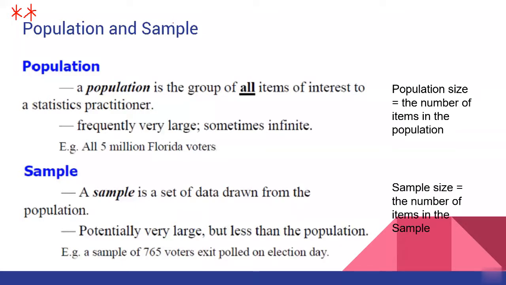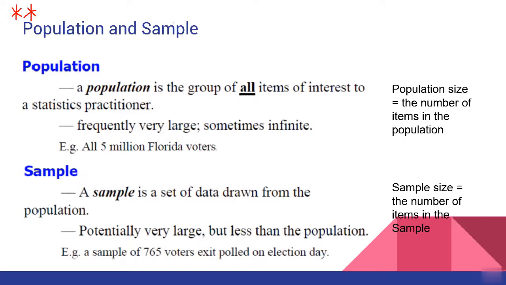So in statistics, a population is a group of all items of interest to a statistics practitioner. Frequently, they are very large, sometimes infinite. For example, if you want to study all 5 million Florida voters, all 5 million Florida voters is your population.